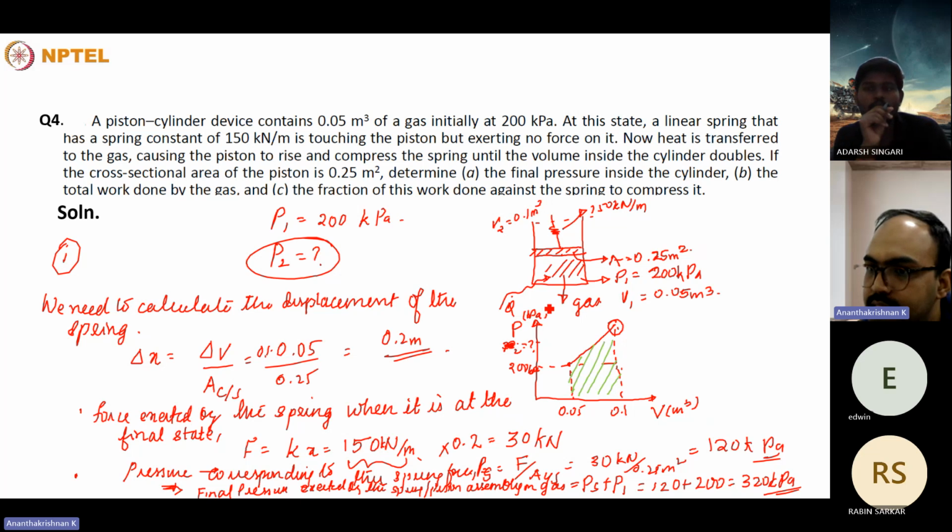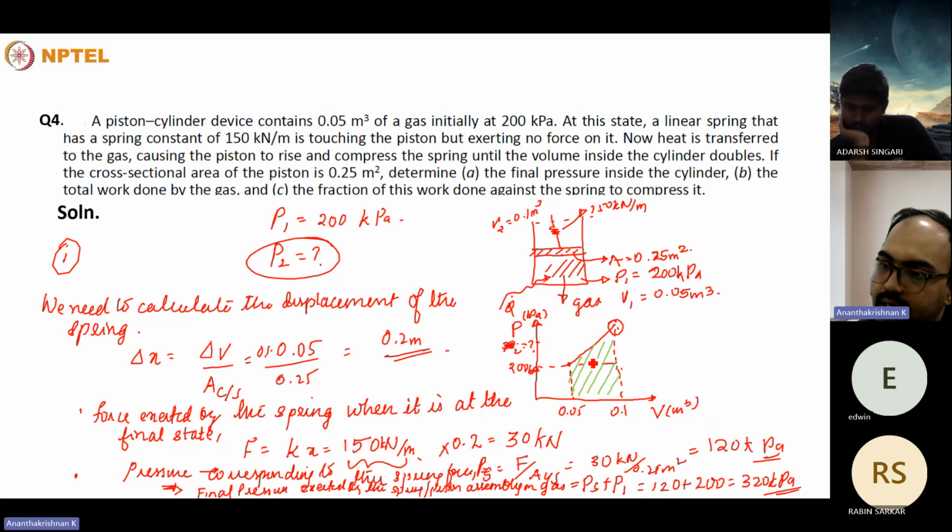So in this problem, which is a continuation from the previous problem, an additional component of spring is there. We need to calculate the total work done against the spring and the total work done in the process, and also the final pressure of the gas. The final pressure is slightly ingenious to get.